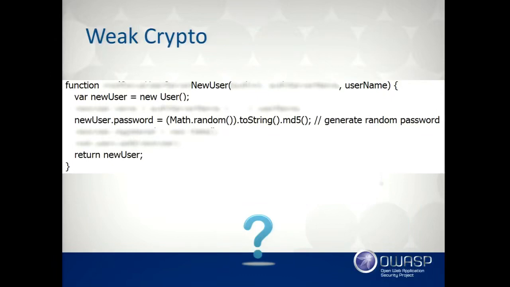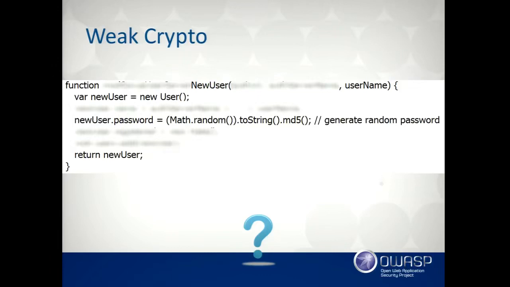Maybe you guys can look at the code and tell me if you see anything wrong with it. This is code taken from an open source, JavaScript-based authentication library. It generates a new user password.